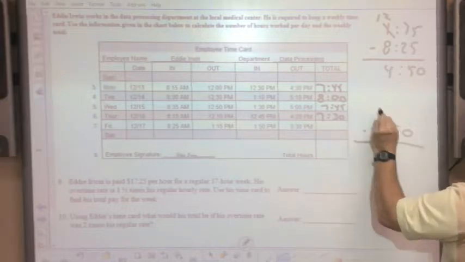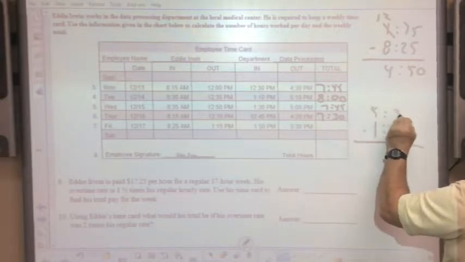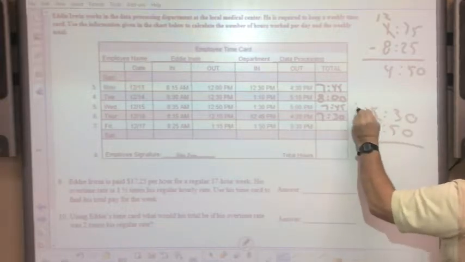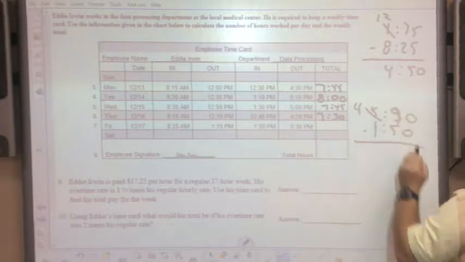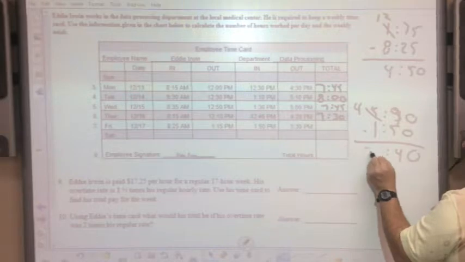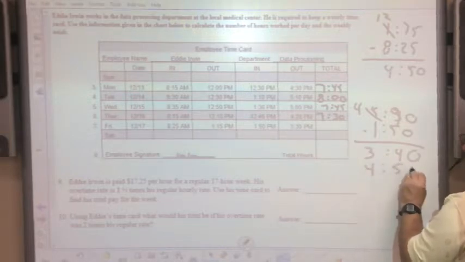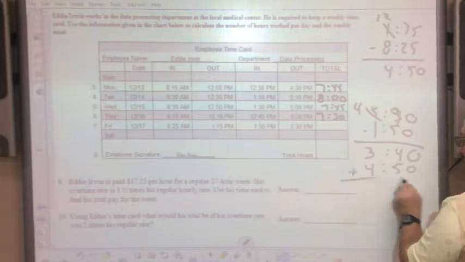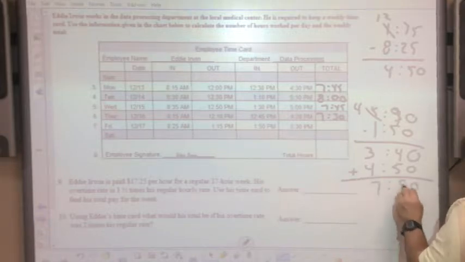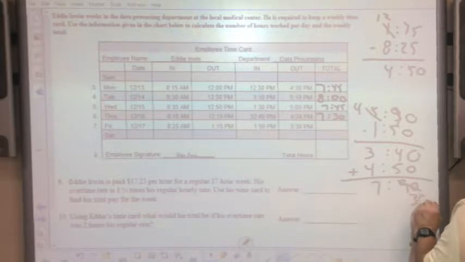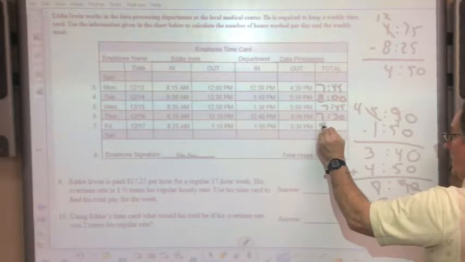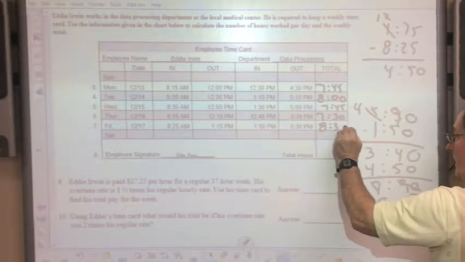In the afternoon, you go away for lunch, you come back at 1:50, and you're going to work till 5:30. Again, you're going to have to borrow. 60 plus 30 is 90, so 3 hours and 40 minutes in the afternoon. So you're going to add them up. 40 plus 50 is 90 minutes. Again, greater than 60, you have to carry. So 8 hours and 30 minutes.